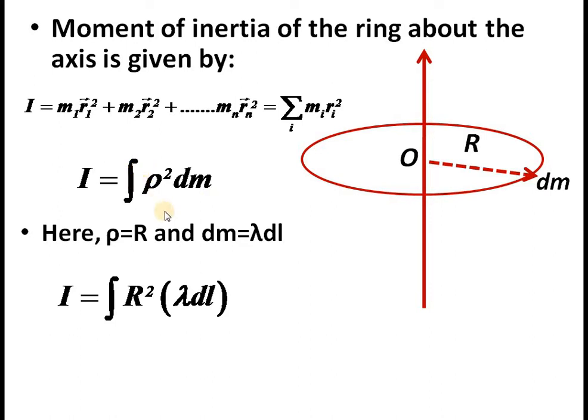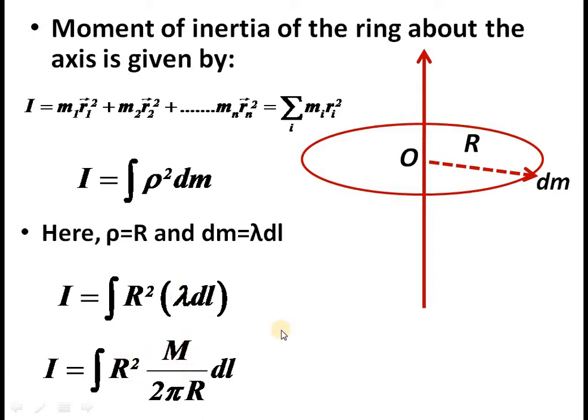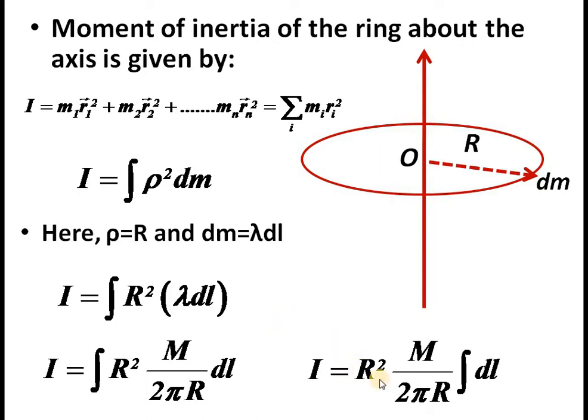I equals integral R squared lambda dl. Here R is a constant and lambda is also a constant, so you can take them outside. If you take them outside, you can write I equals R squared m by 2 pi R times integral dl, because all these terms are constants.